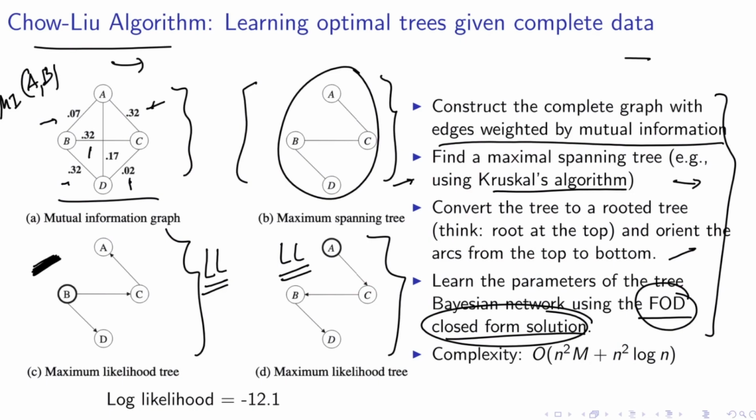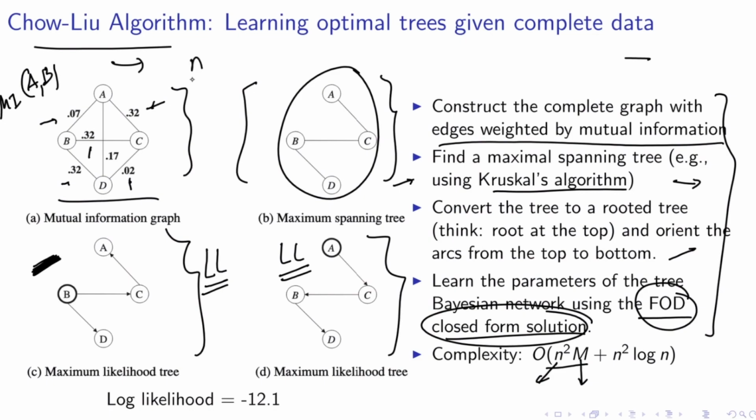Okay, so now comes the favorite question, right? Since it's a computer science class, what is the complexity of the Chow-Liu algorithm? So it turns out that the complexity of the Chow-Liu algorithm is n square m, where n is the number of variables and m is the number of data points. Okay, this is easy to say because we'll have to compute.